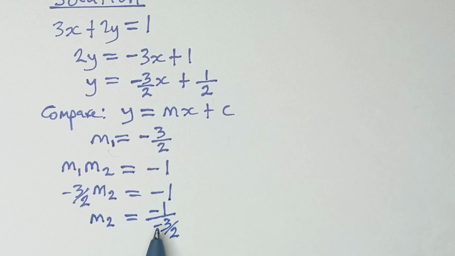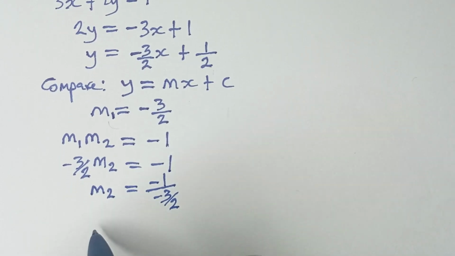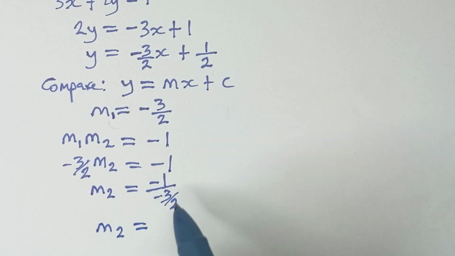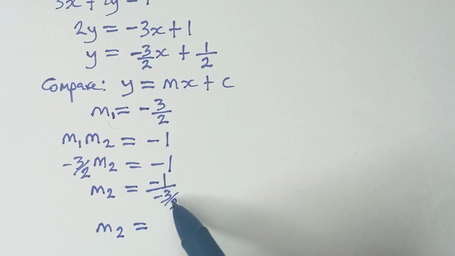So this negative sign will cancel the negative sign, and then we can now have finally our m2, as this negative 1 over negative 3/2 simply means the inverse of 3/2. Don't forget, when we're looking for inverse, we simply take 1 over that number.